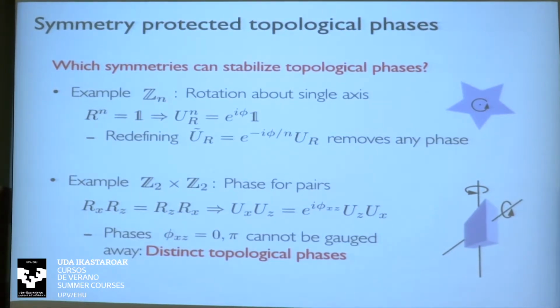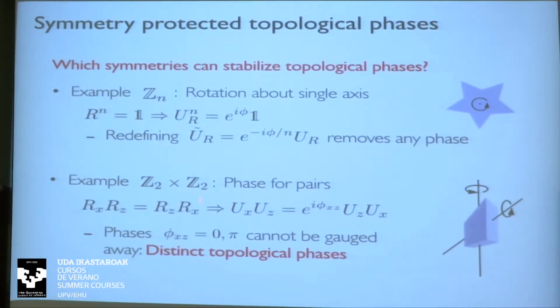That's quite neat, because if we have a physical system with this Z2 cross Z2 symmetry, then we know that there are different symmetry-protected topological phases that we can distinguish.